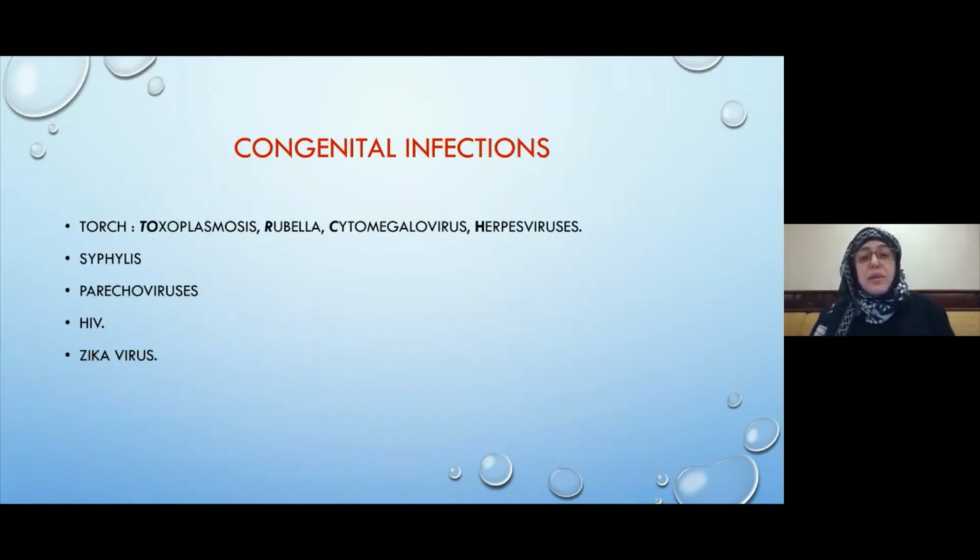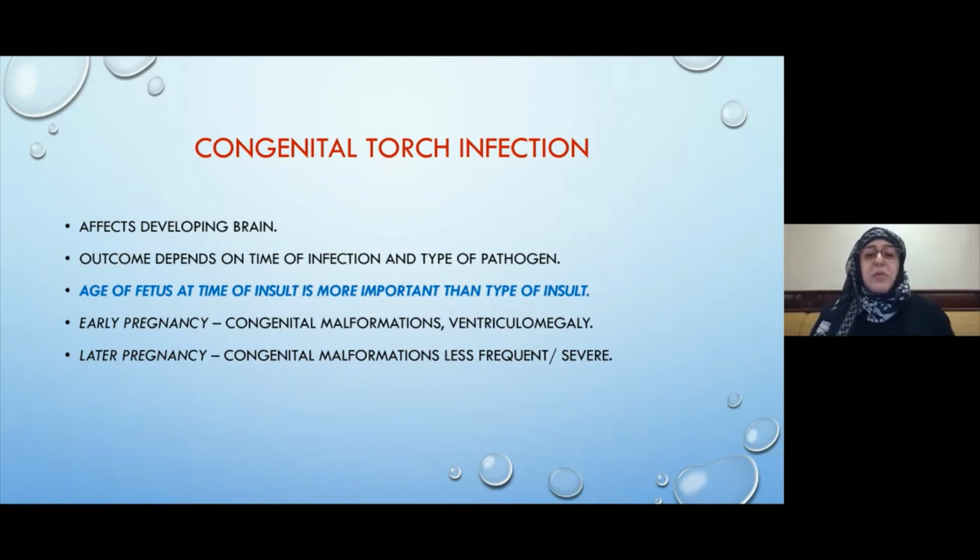I'm going to start talking about congenital infections, and usually these infections are related to viral infections. The most common ones are TORCH infections. We have to realize that these infections affect the developing brain, and the timing of the insult is more important than the type of pathogen in determining the outcome.